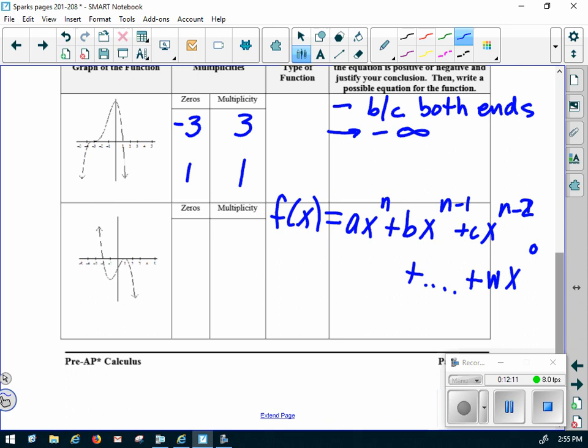What's x to the 0? x to the 0 is 1, and 1 times w is w, so that's a constant, right? That leading coefficient may be 1 and it may be something else, right? Okay.